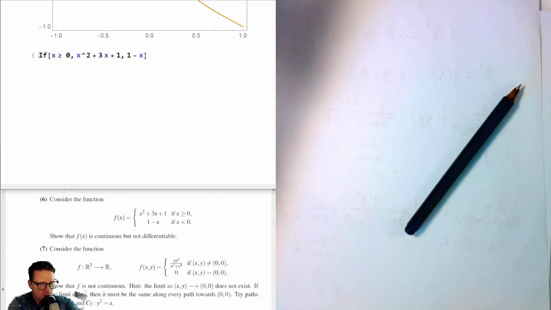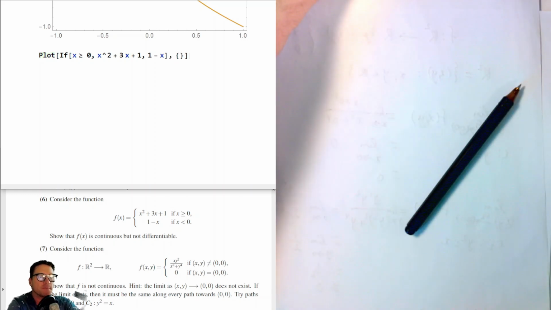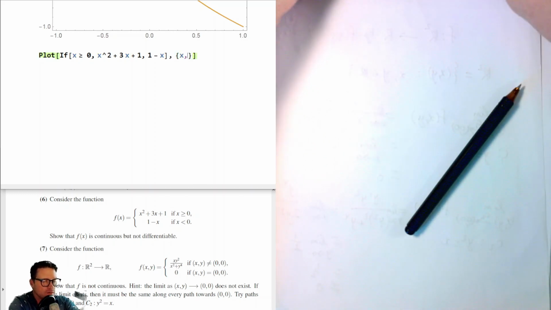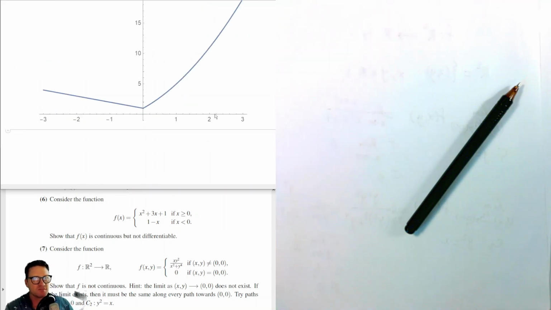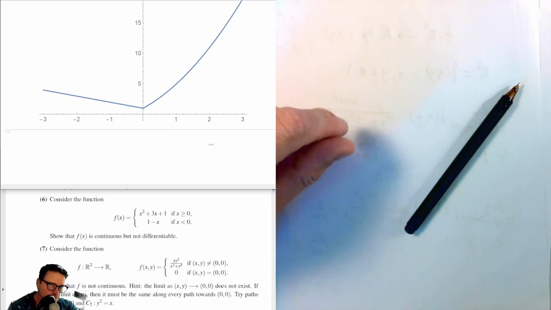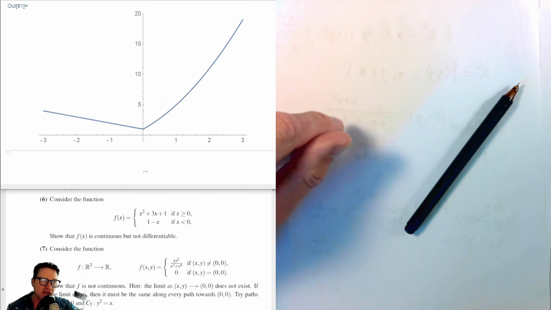All right, so now I just want to plot that in some region and then talk about it. Okay, so here we have this function. Now notice the scale on the x-axis is not quite the scale on the y-axis.